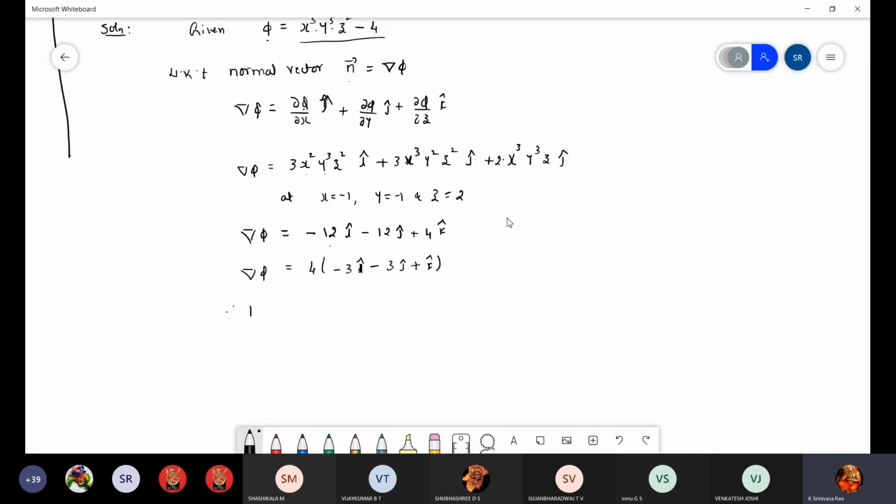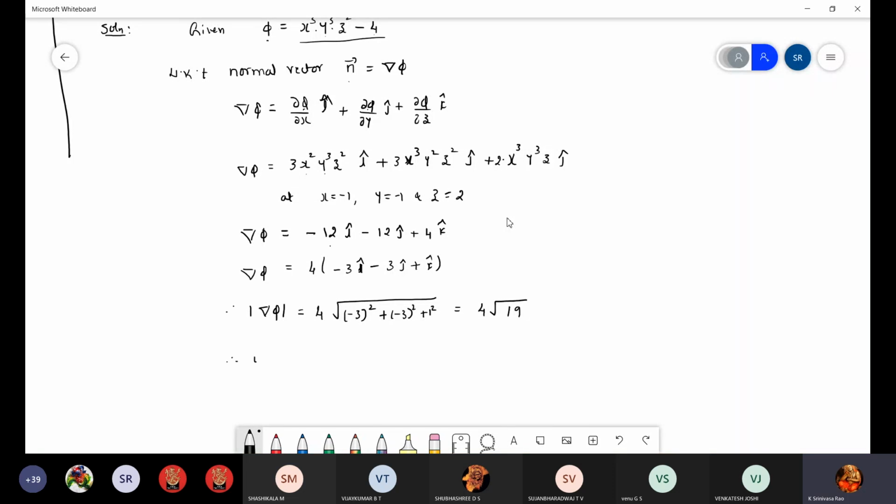Therefore its magnitude, magnitude of grad phi, equals 4 into square root of minus 3 squared plus minus 3 squared plus 1 squared. That gives 4 root 19. So this is the magnitude of grad phi.